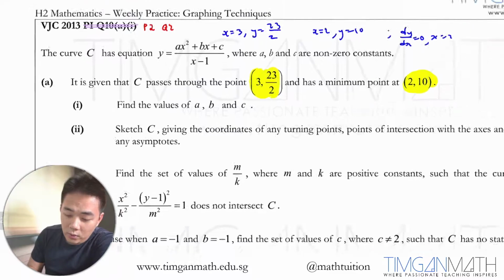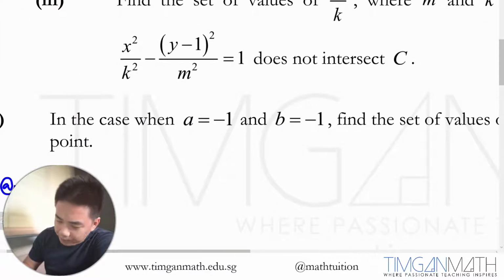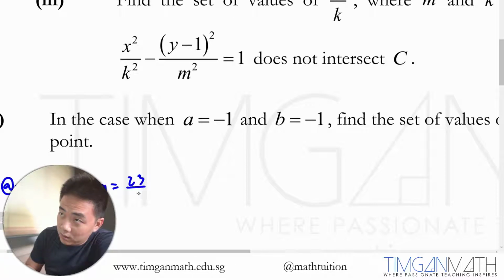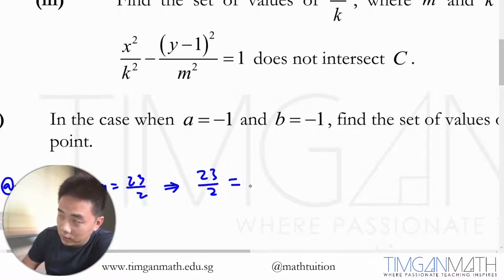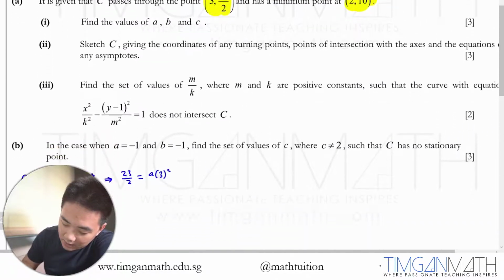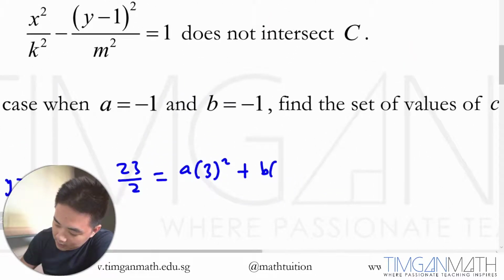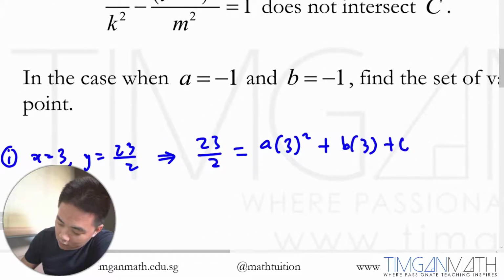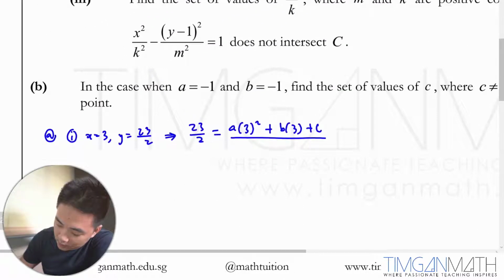So I'm just going to do this quickly. When x equals 3, y equals 23 over 2, so 23 over 2 equals a times 3 squared, plus b times 3, plus c, over 3 minus 1, so this is 2.